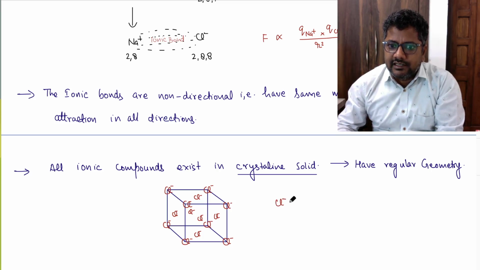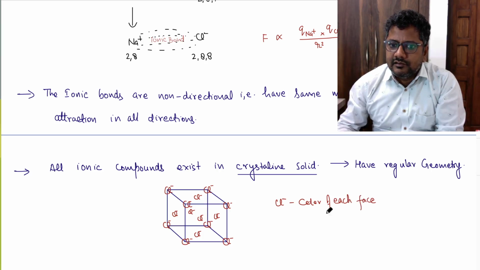So chloride ions are at the center of each face and corner of the cube.